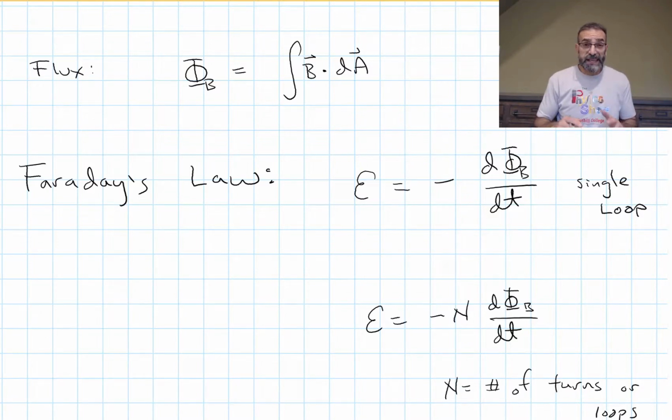Well, if you keep track of all your signs and you follow all the rules, this will tell you what direction the current flows, what direction the EMF is oriented. But I find it very difficult to keep track of all the rules for signs in Faraday's law. I find it's easier to use Lenz's law to figure out the direction.